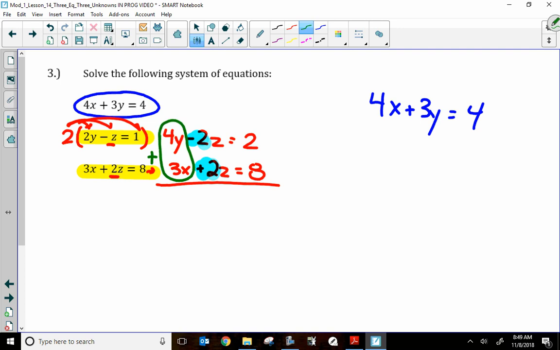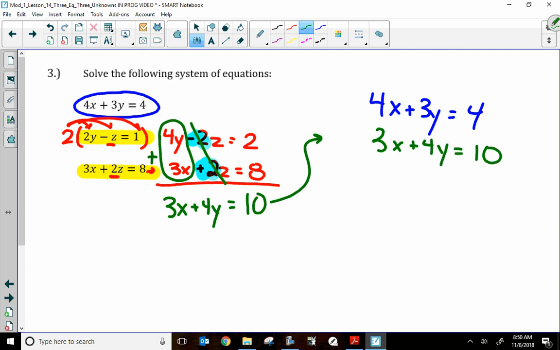That just becomes 3x plus 4y, okay? These z's cancel, that's what I wanted, equals 2 plus 8 is 10. So now I have a second equation. I'm going to say 3x plus 4y equals 10.